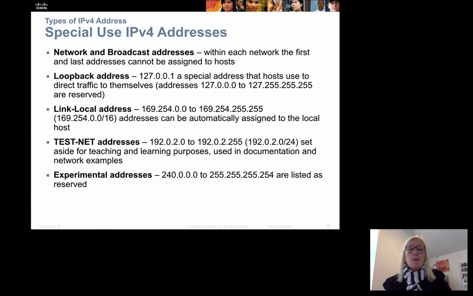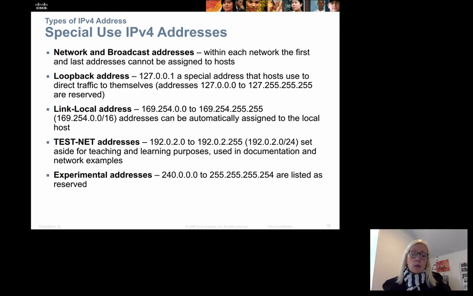Then there are some special IP version 4 addresses. Apart from the network and the broadcast addresses, we have the loopback or the local host address, which is 127.0.0.1. It is a specific address, and all hosts will answer that themselves.